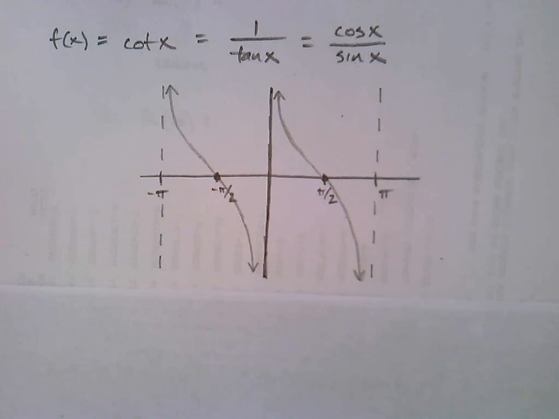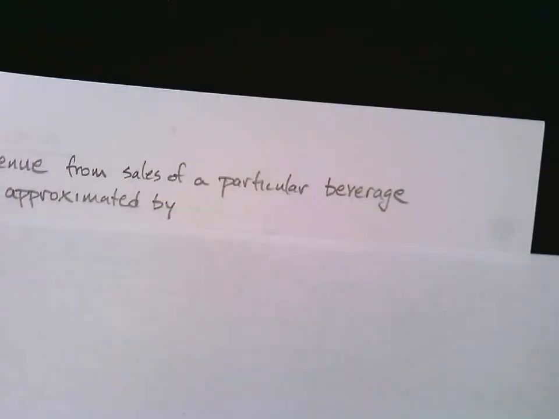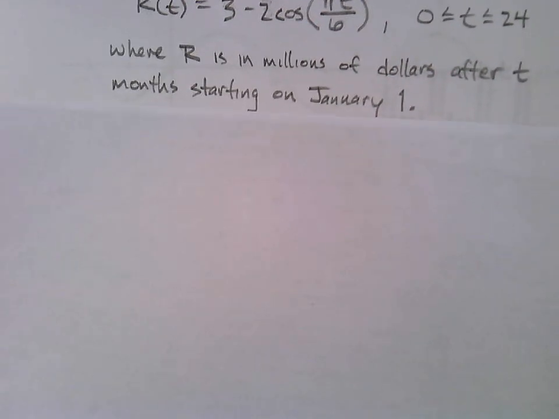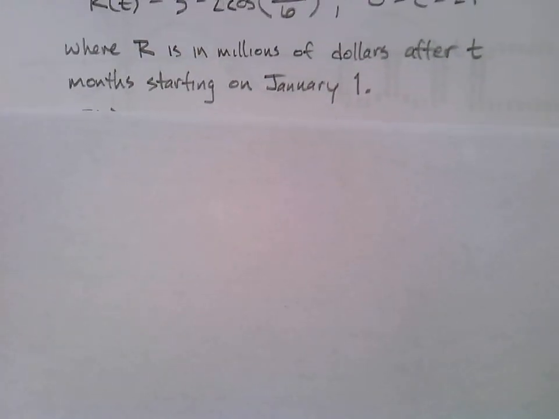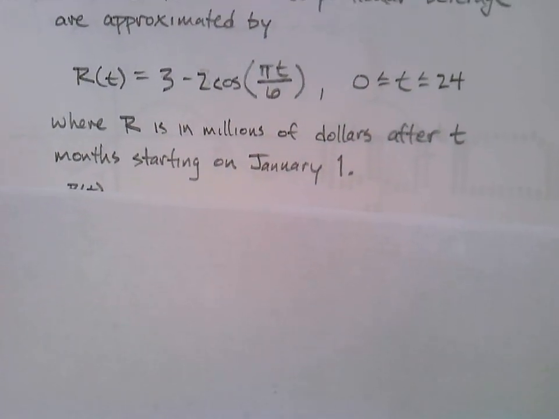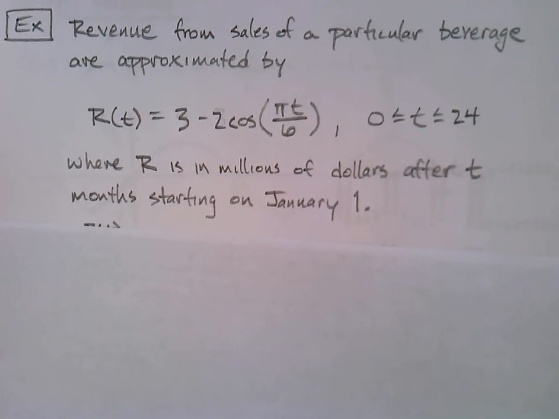Okay, so we've seen the graphs of all 6 trig functions. We're going to wrap up this section with one application, and they're going to show us the graph, which is kind of nice. Maybe I can fit this all on the screen.